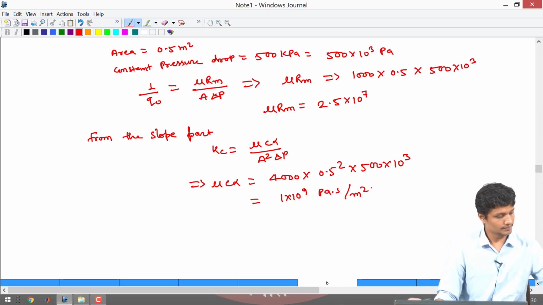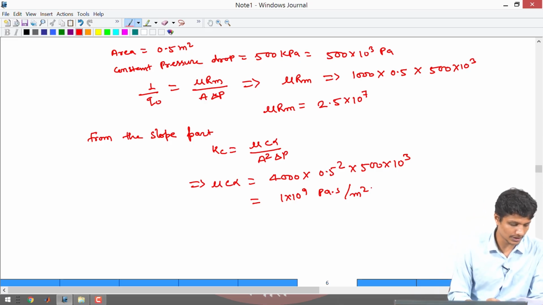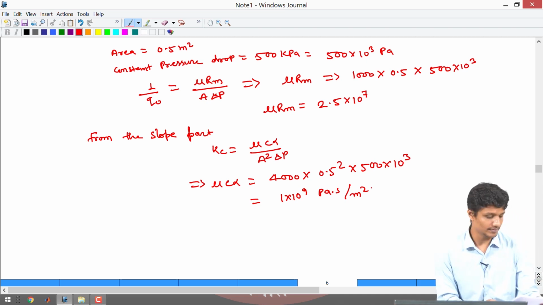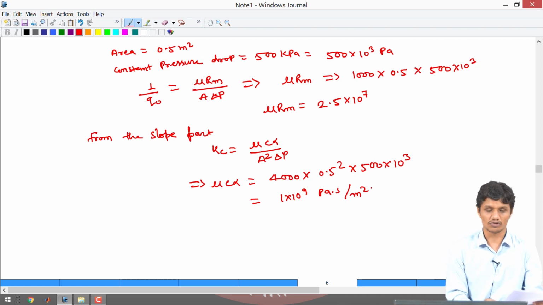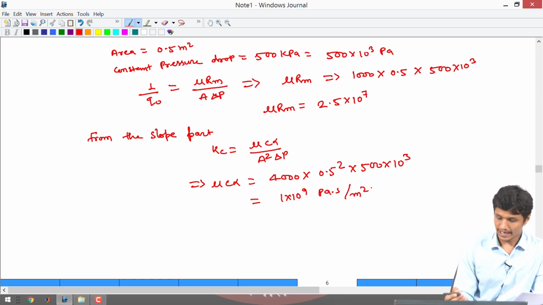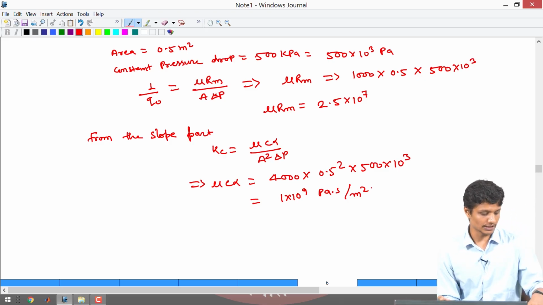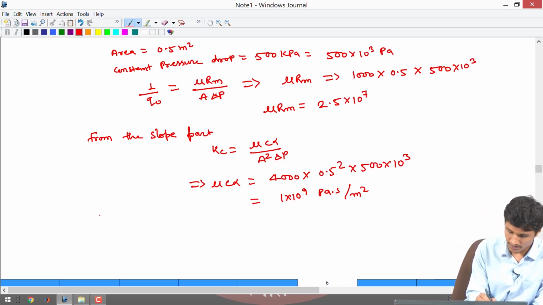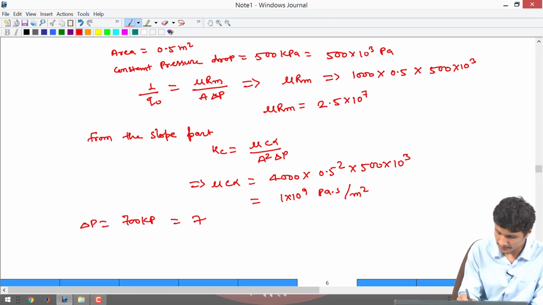In the question they have asked to calculate the time needed to collect 0.8 meter cube of filtrate at a constant pressure drop of 700 kilopascal, equal to 700 into 10 power 3 Pascal.